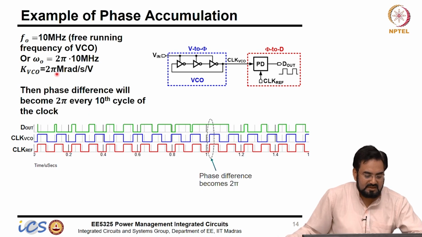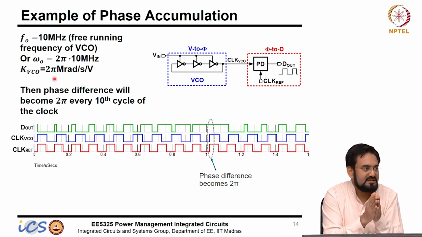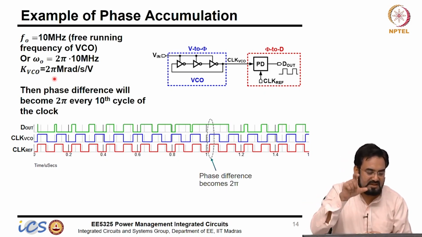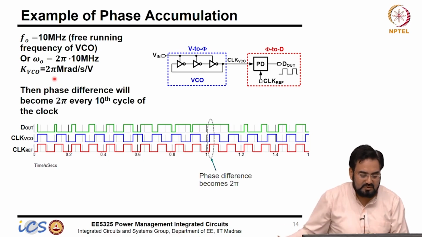So the KVCO will define how much phase will change in one cycle when you give the step at the input. Every 10 cycles your phase will become 2 pi and then start again.